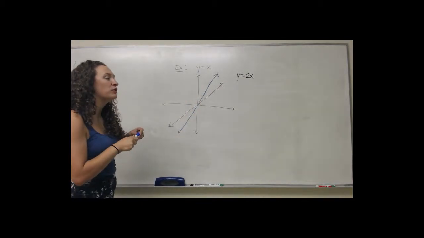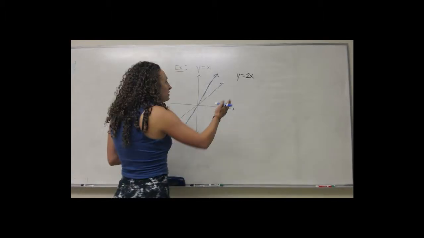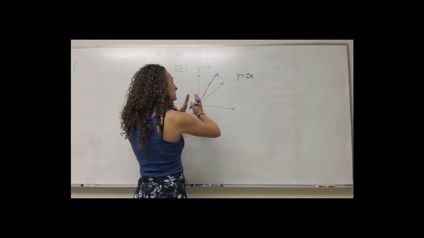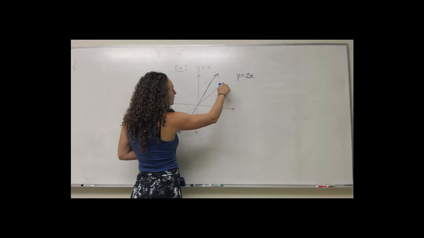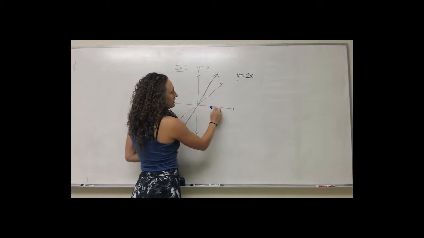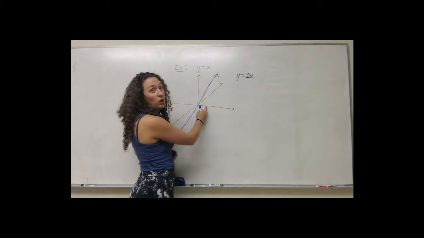Now what did that do if we think about it as a horizontal scale change? Notice it kind of pushes the x's together. It compresses the x's. Before, to get the y value that is, say, here, we had an x value of, I'm going to guess, 1. Now when I scoot over here to get that x value, I only need 1/2.